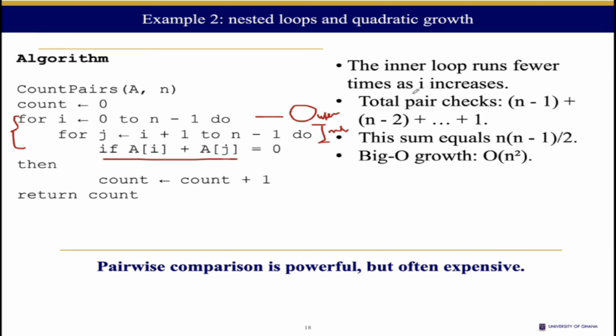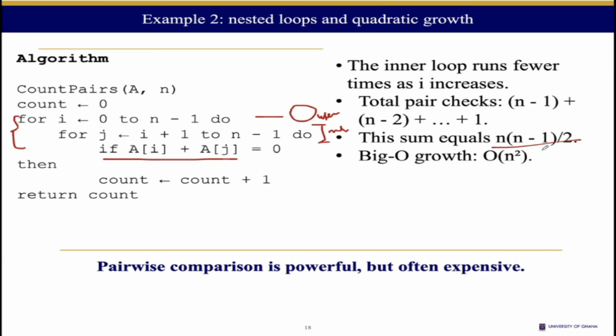So the inner loop will run fewer times as i increases. Then the total pair checks is n minus 1 plus n minus 2, and it keeps going till we get to 1. This sum equals n times (n minus 1) over 2.